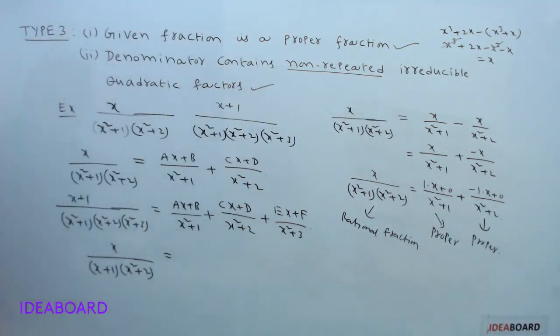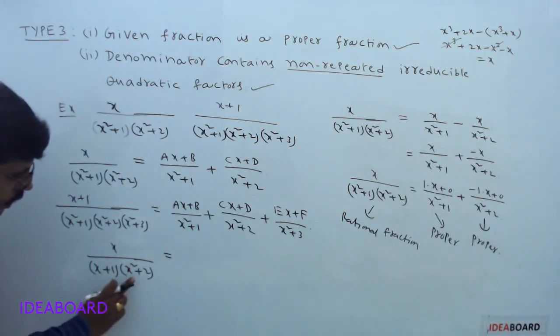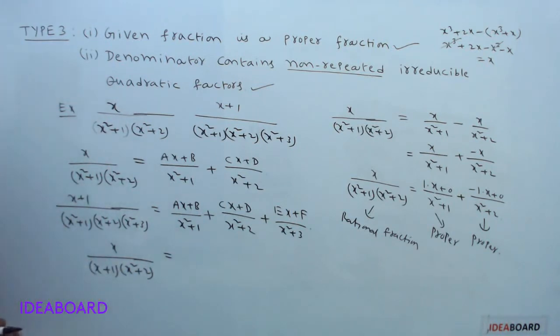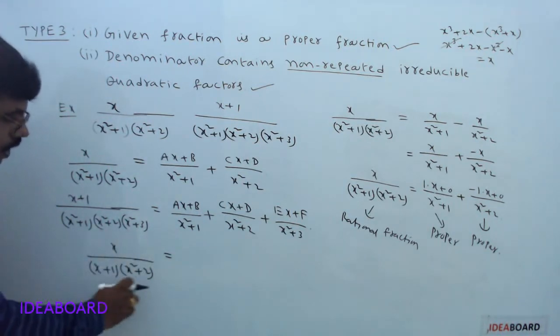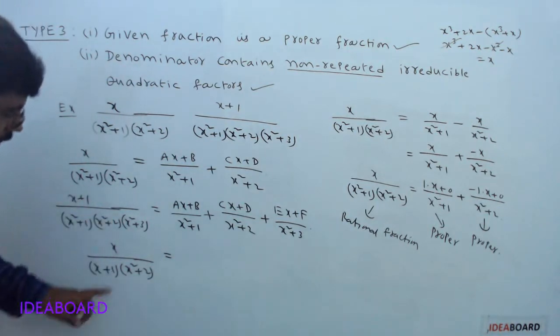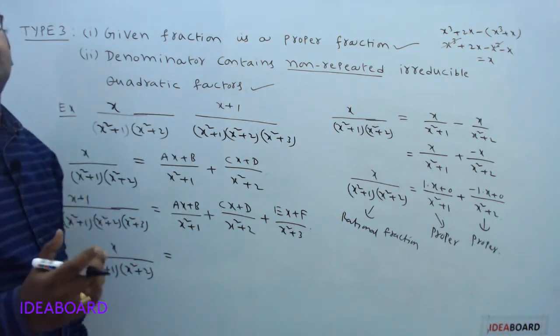It is a non-repeated irreducible quadratic factor. So it belongs to type 1 and type 3. It is the combination of type 1 and type 3.